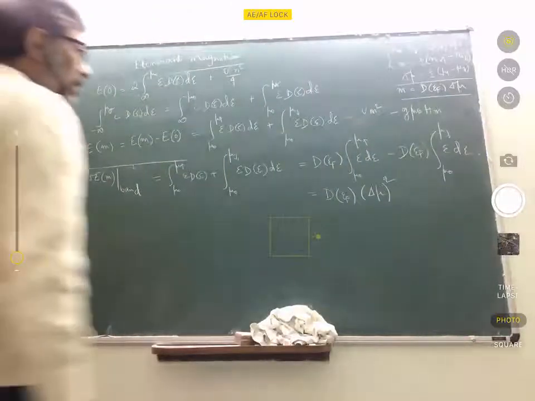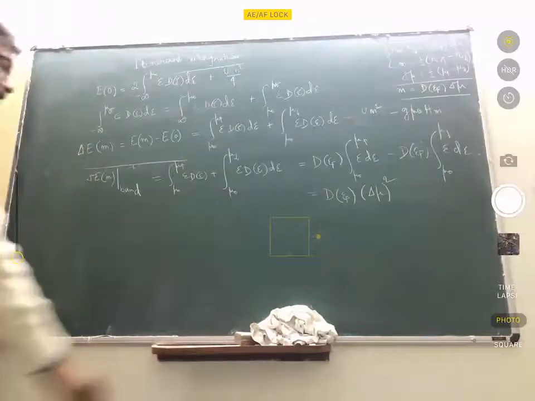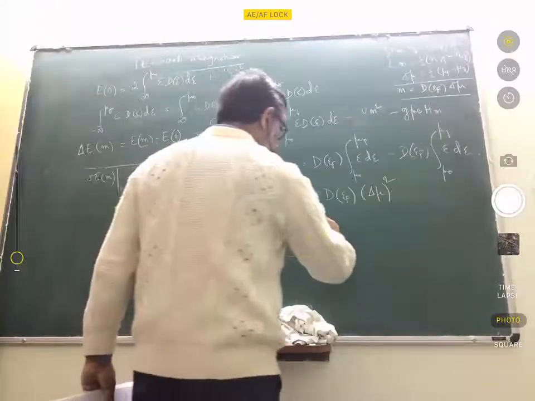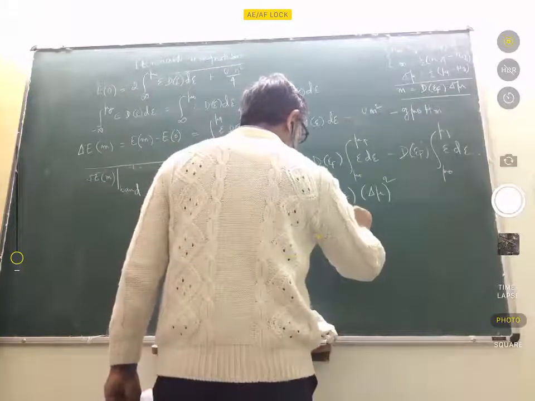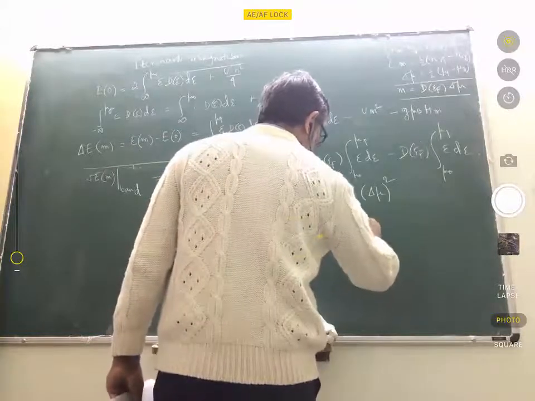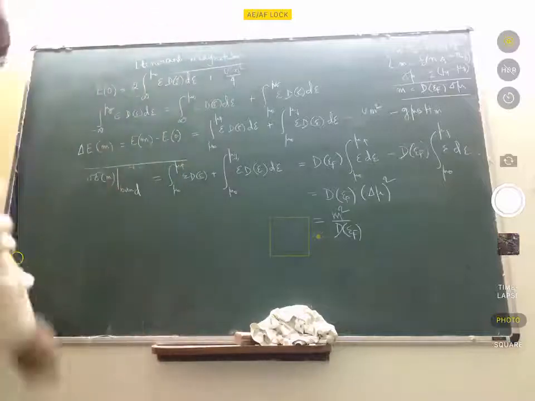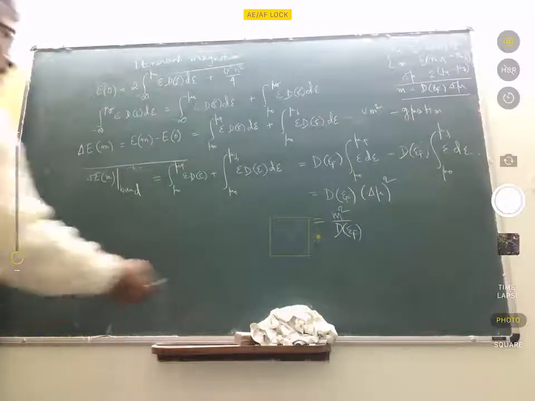Which is obvious. So in other words, I can write delta mu as m squared over d epsilon f squared. So I can put that in here, so what I'll get is m squared by epsilon f.